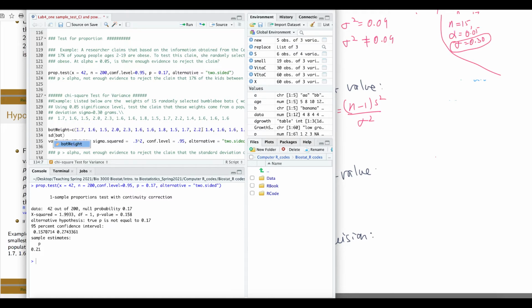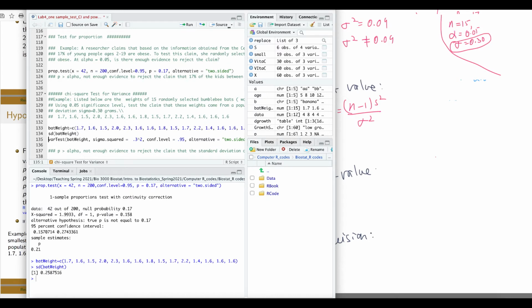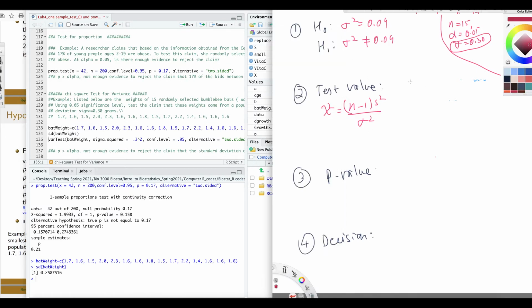Let me run this, and I got 0.2587. That is the sample standard deviation, so S is 0.2588 when you round it up. So what will be the S square?